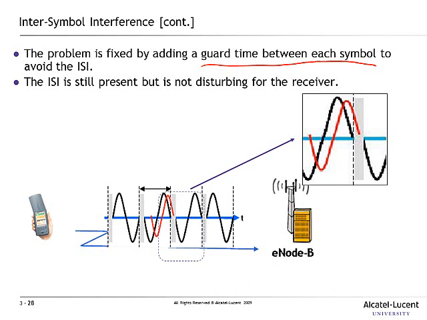Even if the guard time corresponds to the maximum possible spread that you can have. Remember, electromagnetic waves are all traveling at the speed of light, but you can estimate within a small cell or within a large cell what is the maximum spread that you can have. People have done research on this, and they have calculated the appropriate guard time that is needed for small cells and large cells.